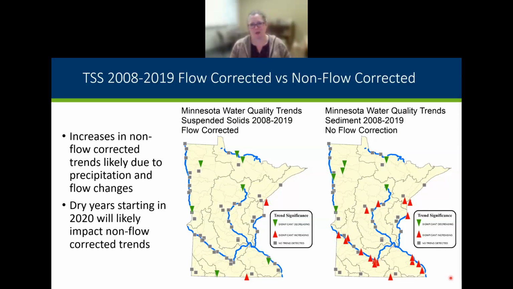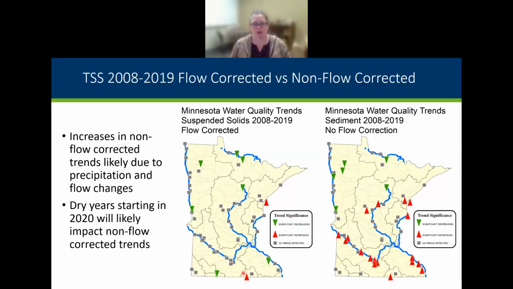There are different types of trends. We'll just focus on the flow-corrected trends. This gives us an understanding of what's going on in the rivers, whether it's getting better or worse if you don't consider flow.